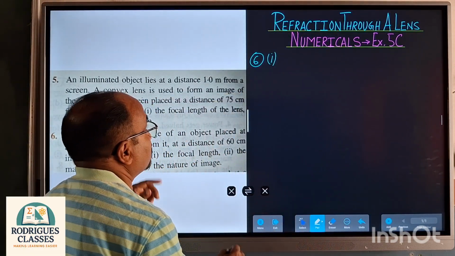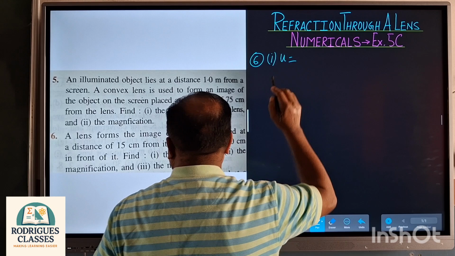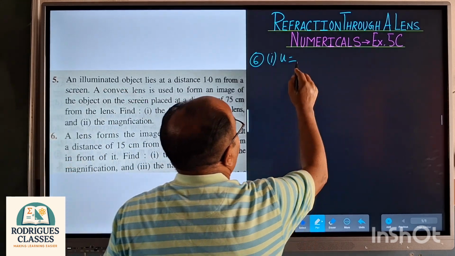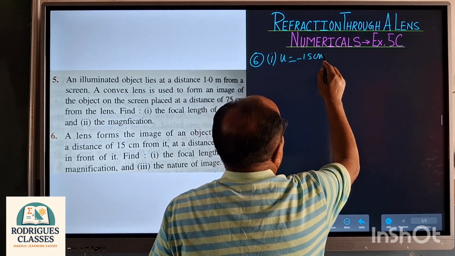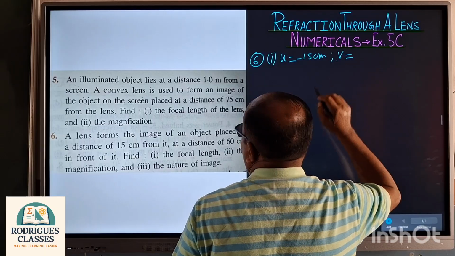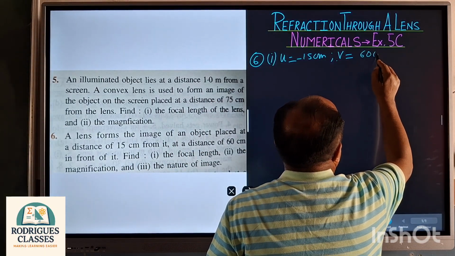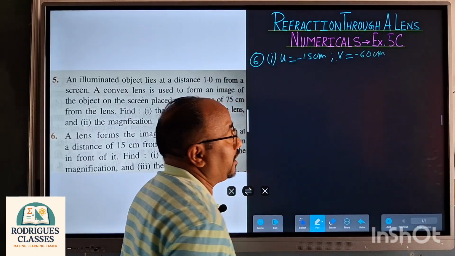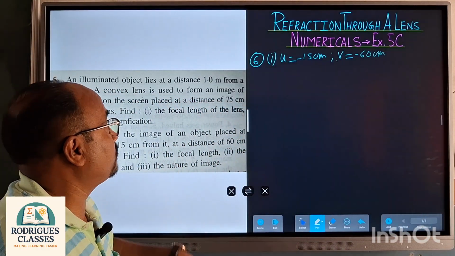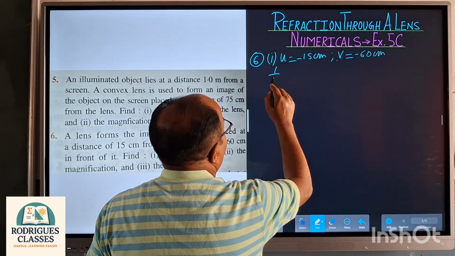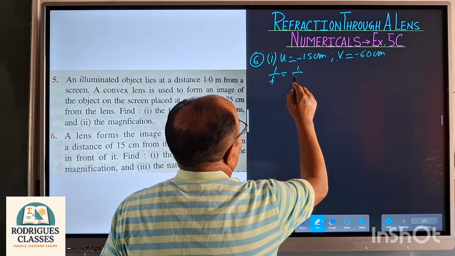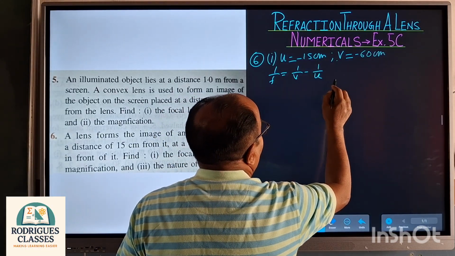So let us first write, we have seen u is equal to minus 15 centimeter. v is equal to, given at a distance of 60 centimeter in front of it, virtual image, so minus 60. Now we can proceed to find the focal length. 1 by f is equal to 1 by v minus 1 by u.